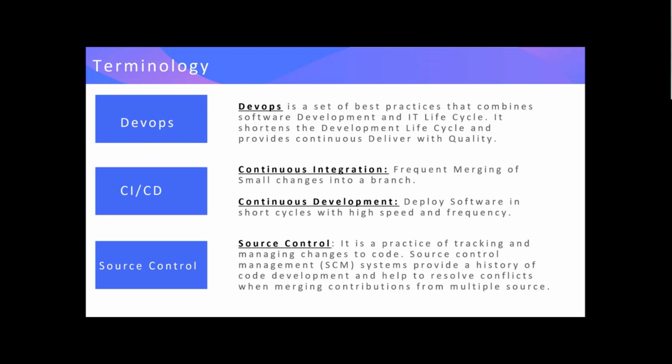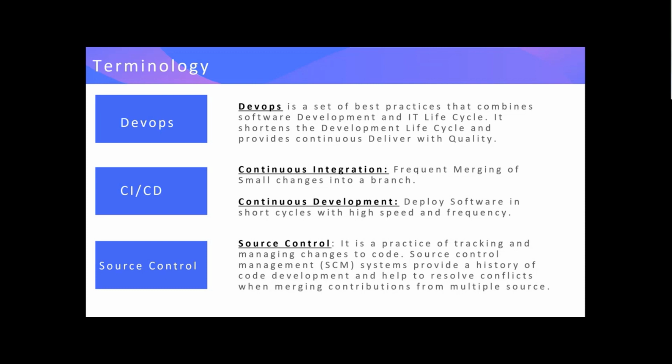Whereas CI/CD has two parts to it. CI is continuous integration, and CD is continuous development. Continuous integration is the frequent merging of small changes into the branch, whereas continuous development is where you can deploy the software in shorter cycles with a high frequency.